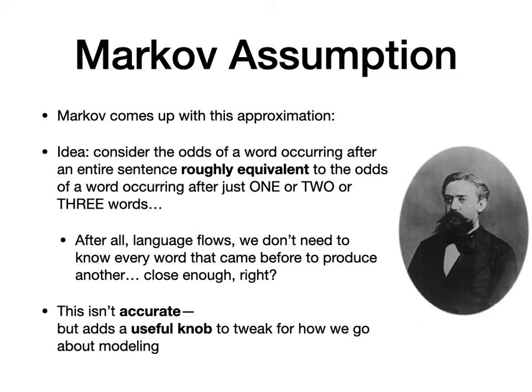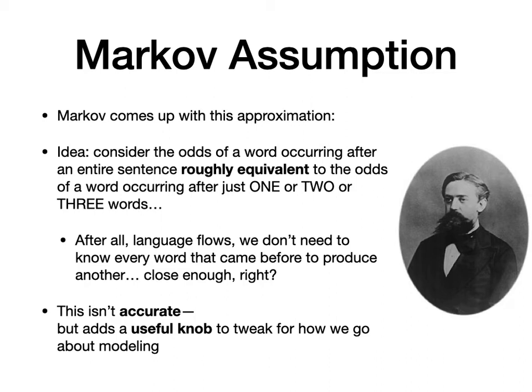We don't need to know every word that came before to produce another. It's close enough, right? It's not accurate. It's not true that we can just throw away every word that came before the last one. But it adds this knob to tweak so that we can say, look, maybe I don't care about a perfect recollection of this sentence. I don't care about capturing in my model this exact sentence. Maybe all I care about is a couple of words back.